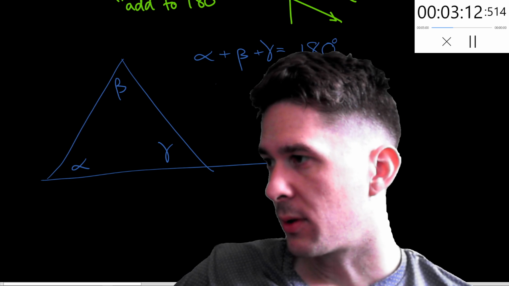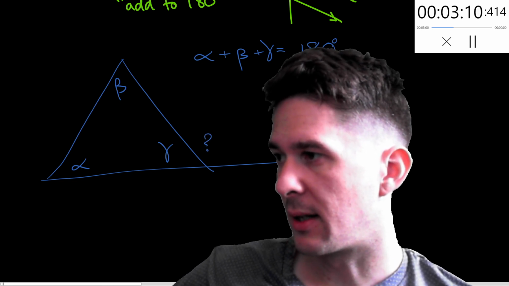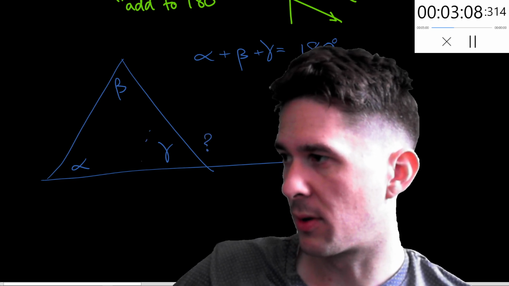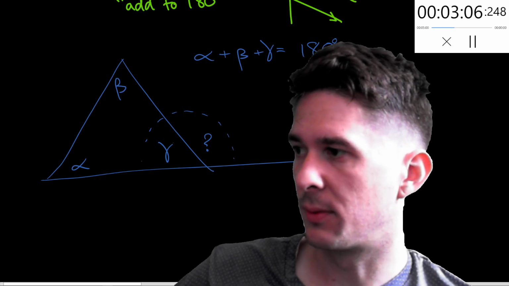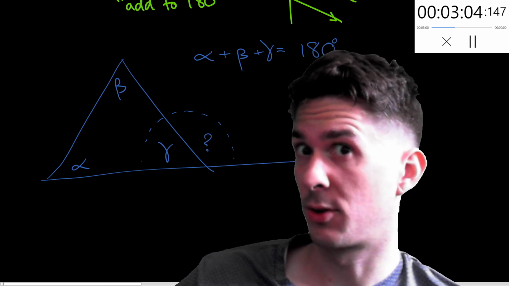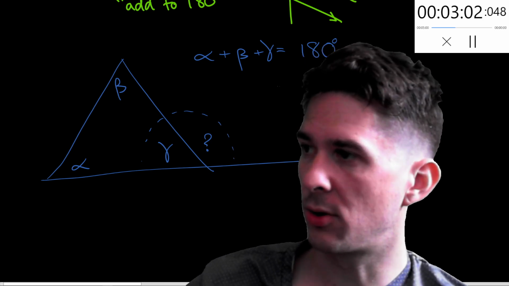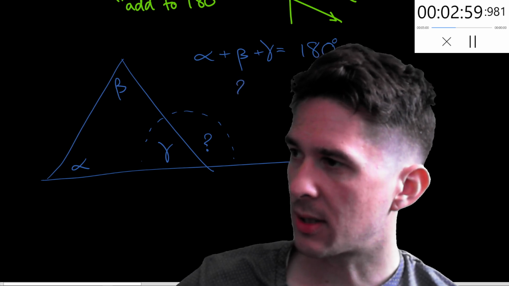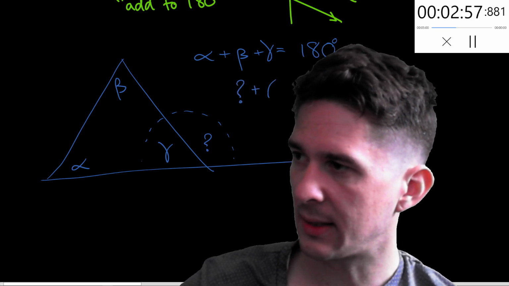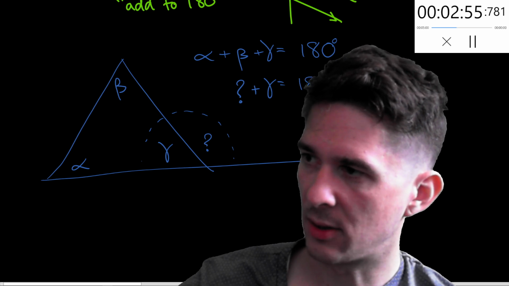Now, we also could be interested in this angle here, right? And we could observe that we have a straight angle. These two angles are supplementary. On a straight angle, we add to 180 degrees. So if we add that angle to gamma, we get 180 degrees.